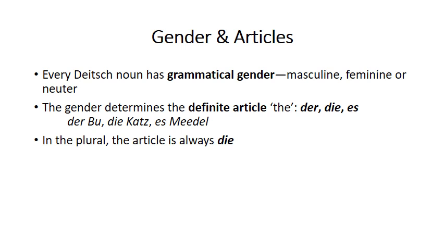So if I were to give the plural of da boo, which means the boy, if I said the boys, I would say die boeven. Die would be the word the. Die Katz, the plural is die Katze, the cats. As for s Mädel, the girl, the plural would be die Maid, the girls. In the plural, the article always changes to die, regardless of the grammatical gender.